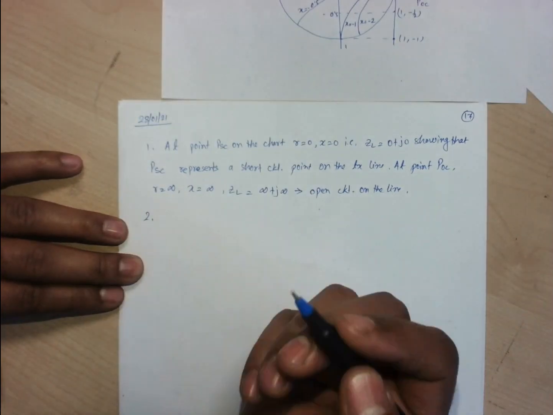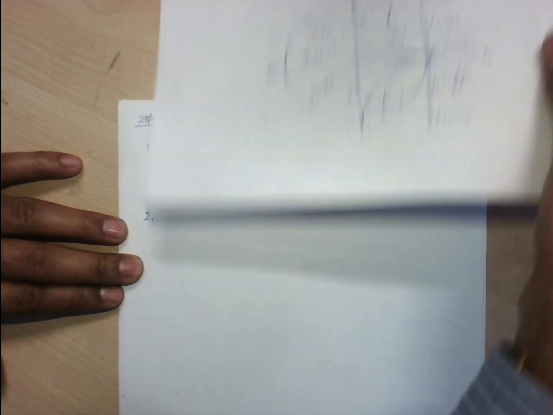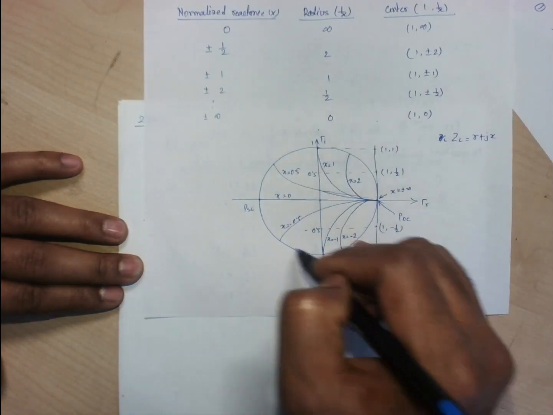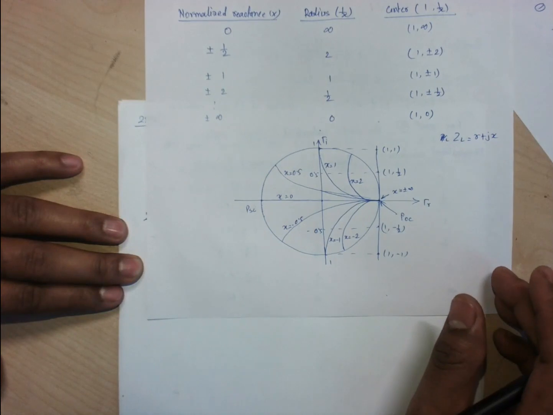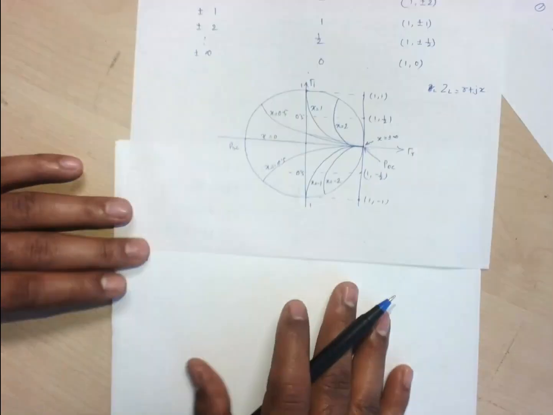Second point, it is a very important point. If we make a 360-degree rotation around the Smith chart, it represents a distance of lambda by 2 on the line.